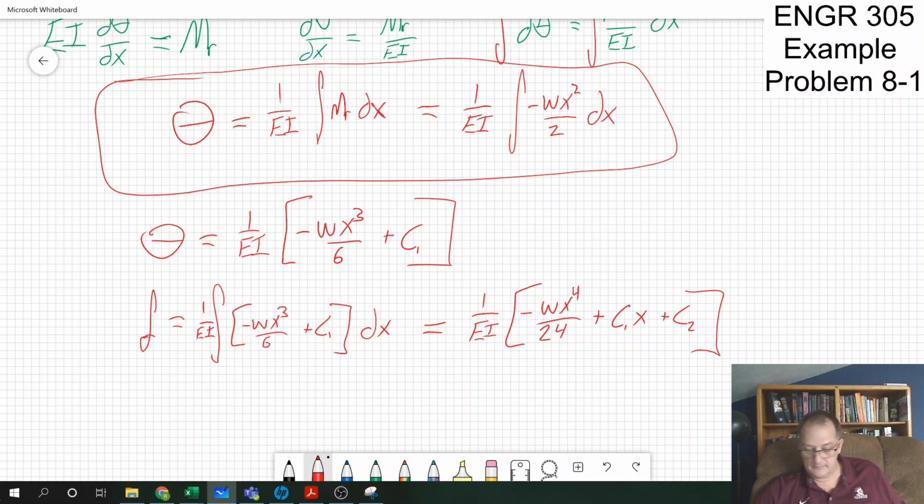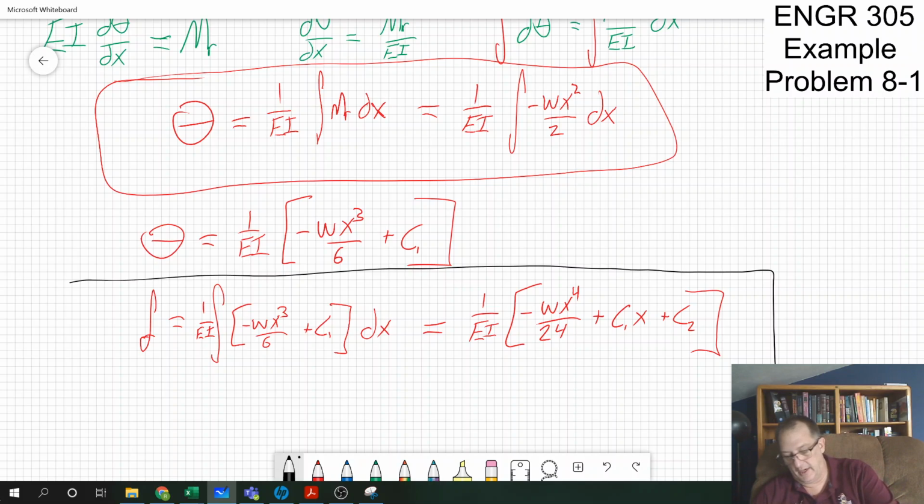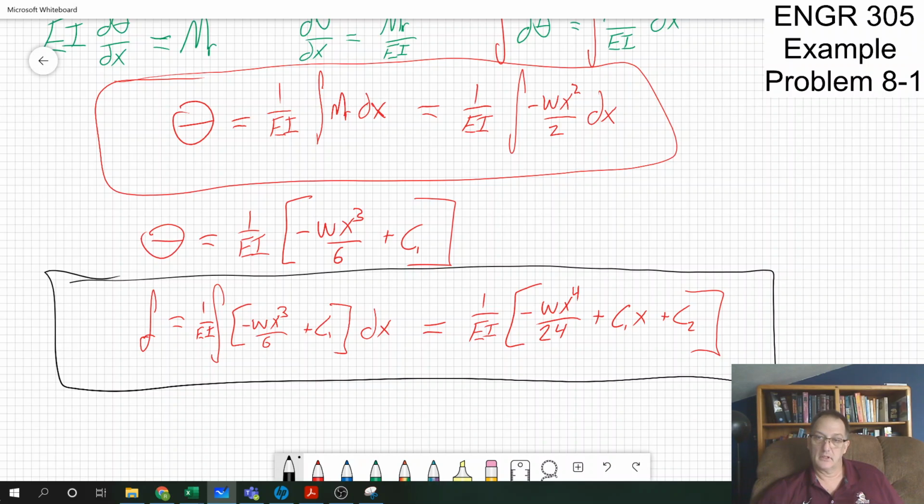Now, there's my equation, and legitimately this is what we were asked to find. We were asked to find the deflection as a function of x, and that's it. But to really do a good job, I need to evaluate C1 and C2 because they still could be anything. So we need to look at our situation.